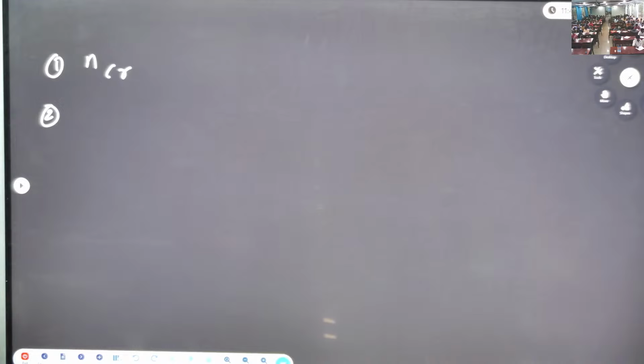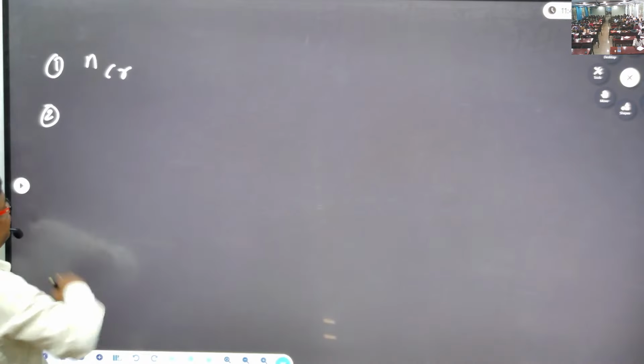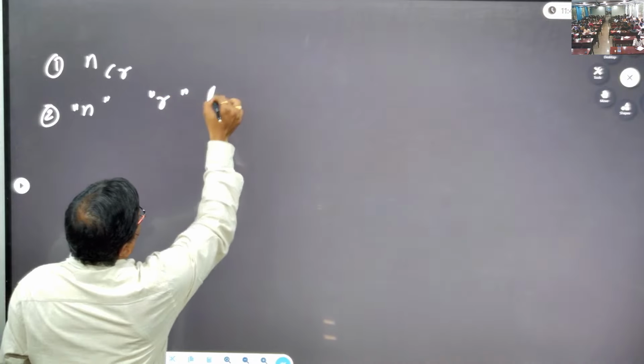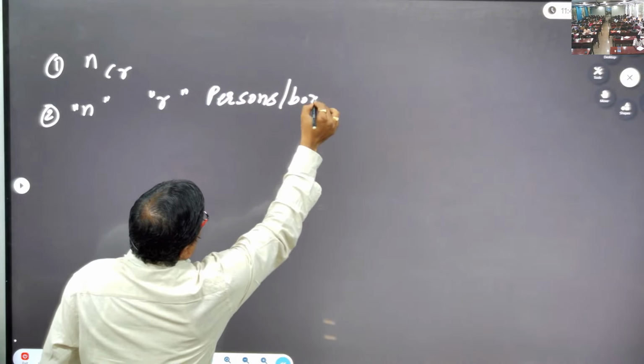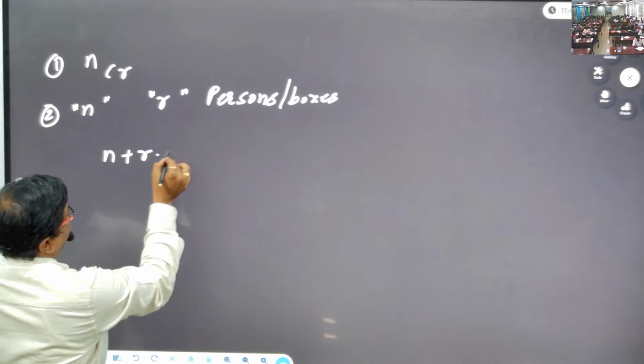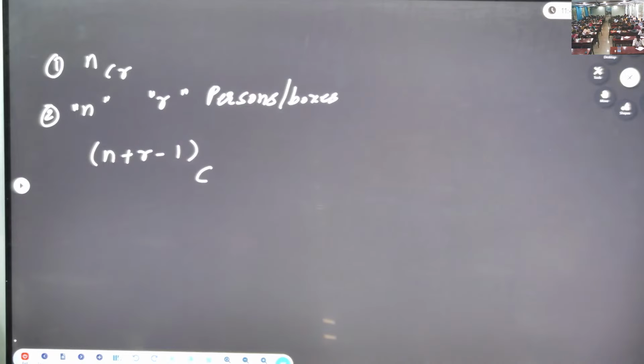Second, distributing n identical objects to r items, r persons, or r boxes is equal to (n plus r minus 1) C (r minus 1).